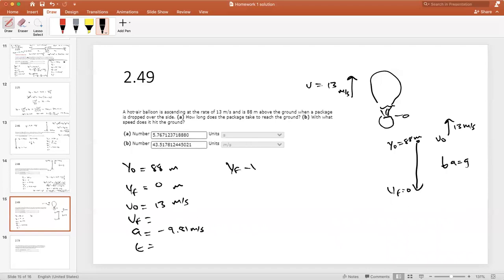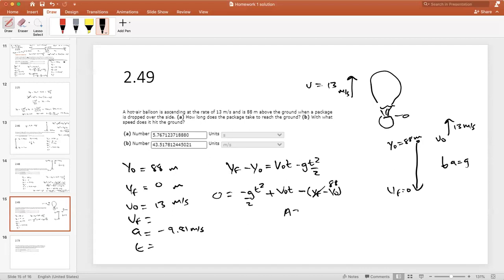So as I said, if we want to find the time, we note that this is a quadratic. Y final is 0, so what we really have is 0 is equal to minus g t squared over 2, plus v naught t, minus y final minus y initial, which goes away, and this is 88.